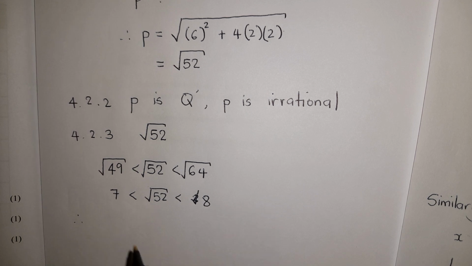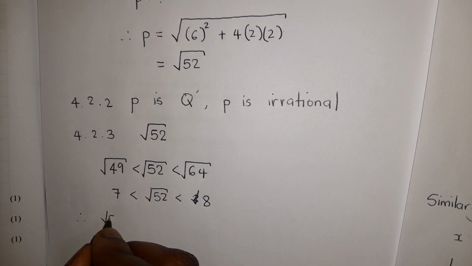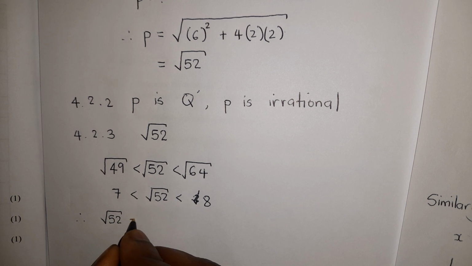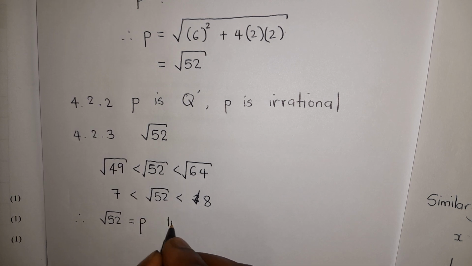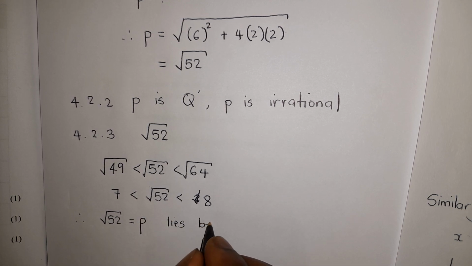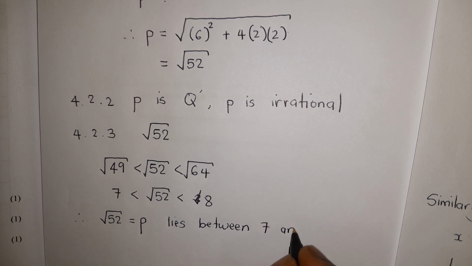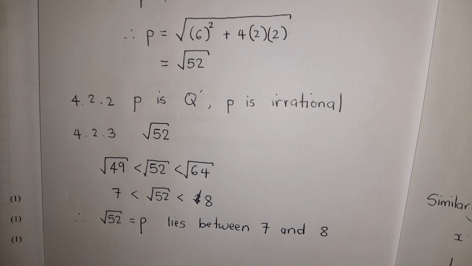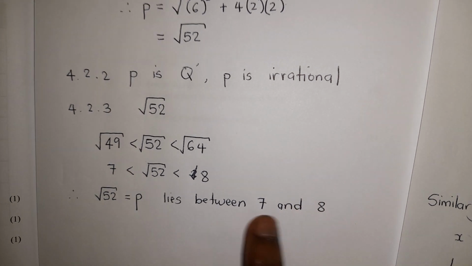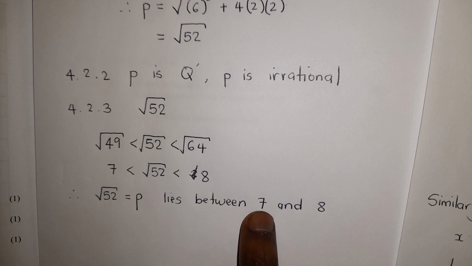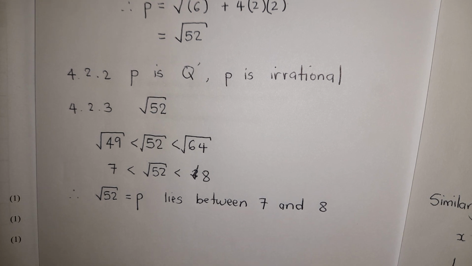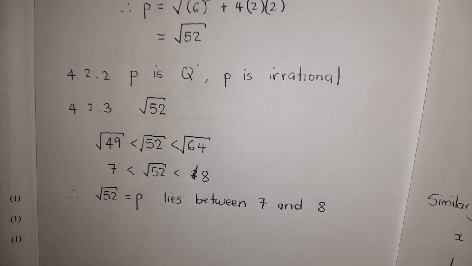Therefore, to answer the question, the square root of 52, which in this case is P, lies between 7 and 8. And you will realize that these integers definitely are consecutive. Consecutive meaning that they follow each other. So you would see that 7 and 8 are consecutive integers. Therefore, the square root of 52 will lie between 7 and 8.